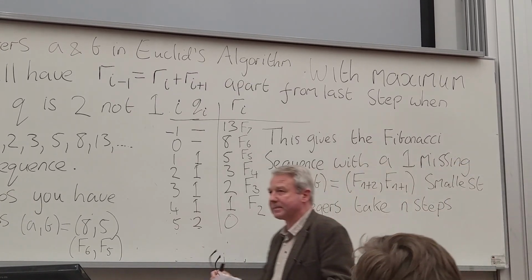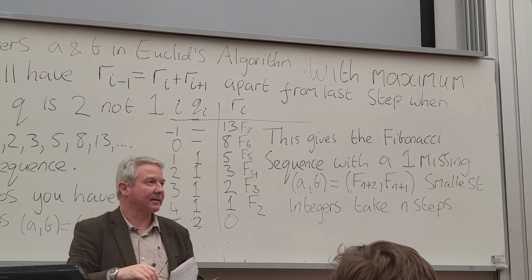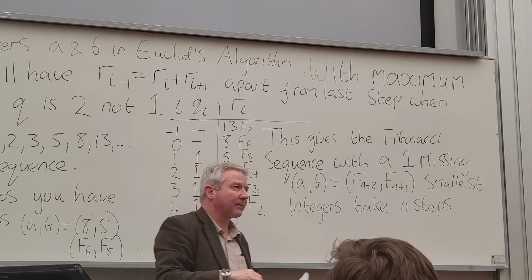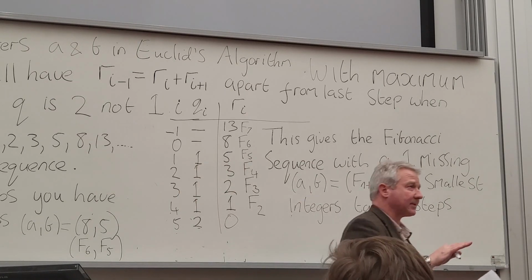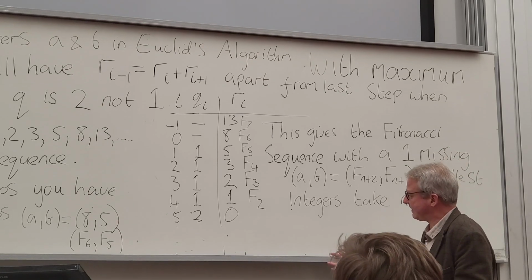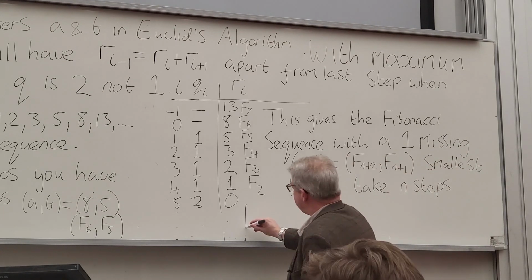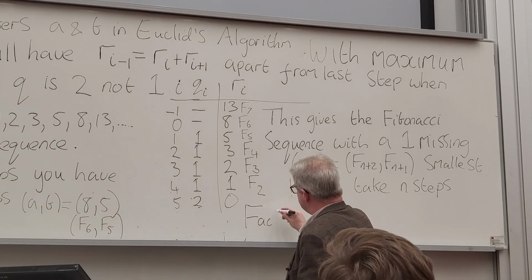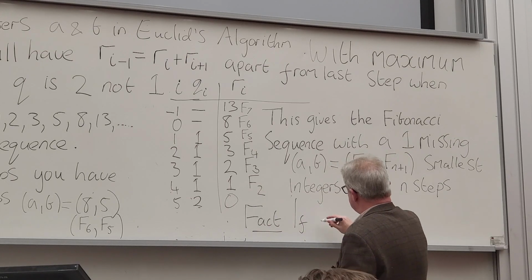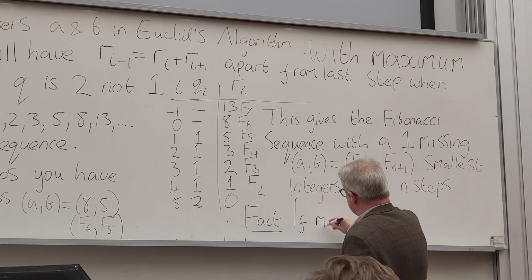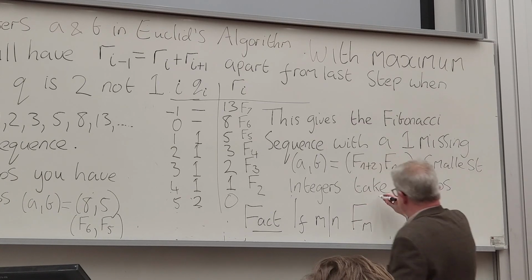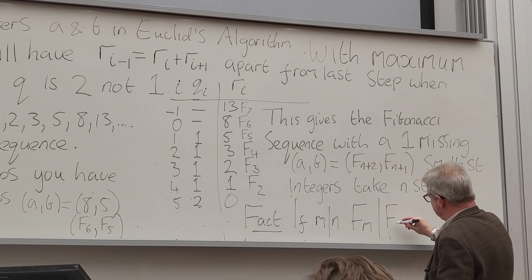Okay, do you study properties of the Fibonacci sequence? Divisibility properties at all? No? But you've had the closed form expression, have you? Right. So a fact: if m divides n, Fm divides Fn.